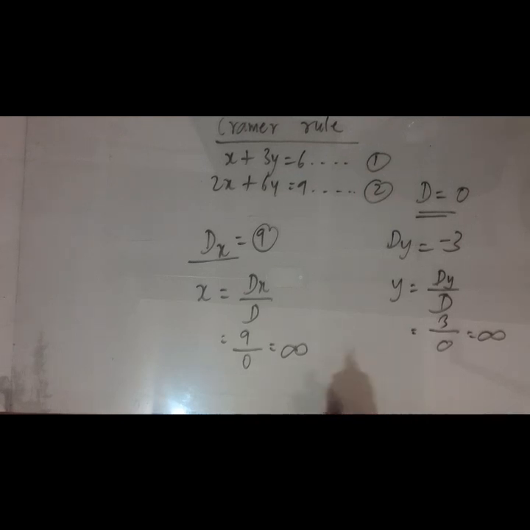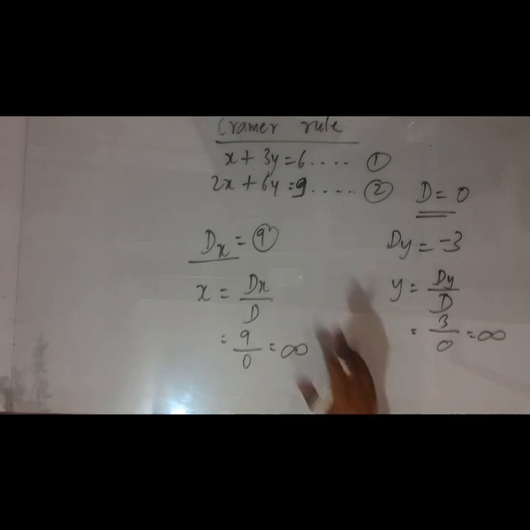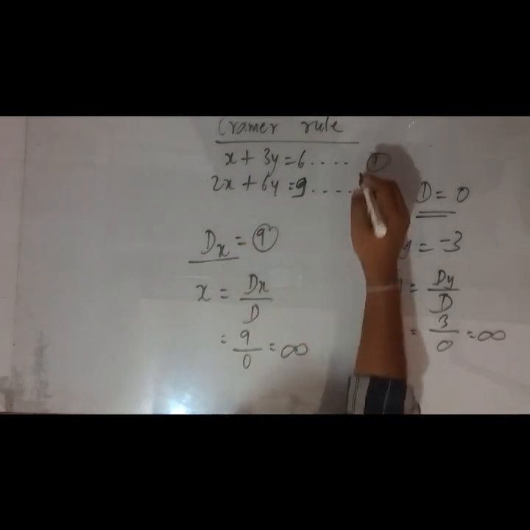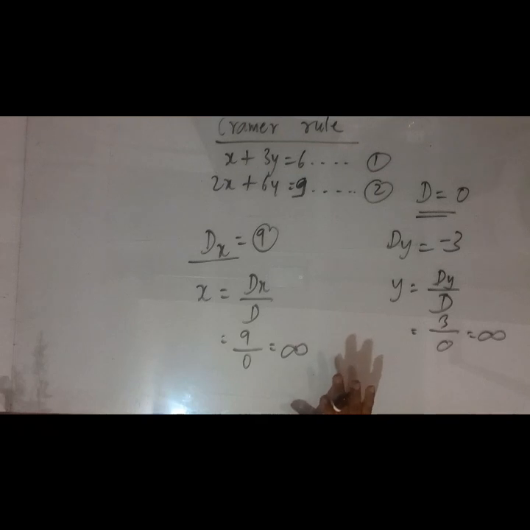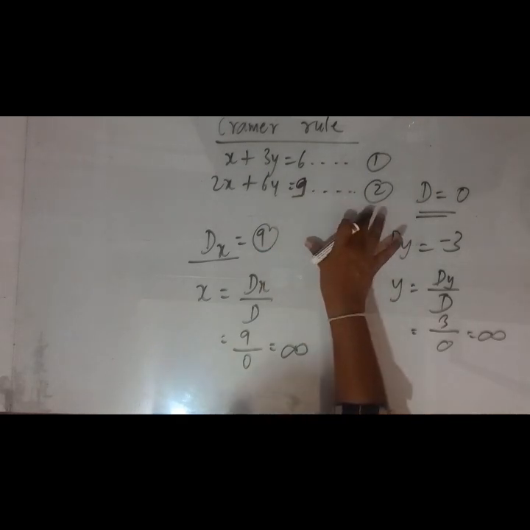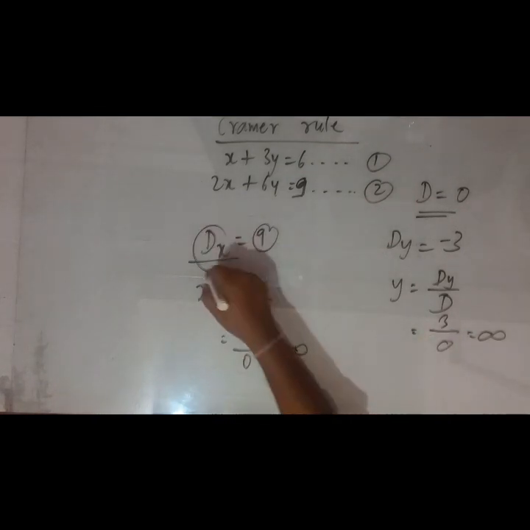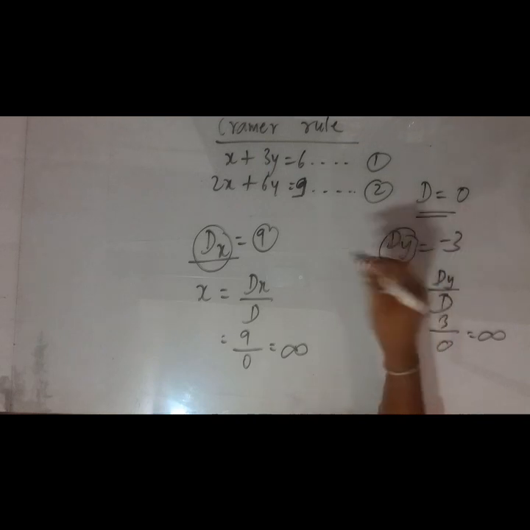So this way you can find the value of x and y using Cramer's rule. That is the determinant method. What you have to do: first of all, write out the given simultaneous equations. Then find the value of d, and after that find the values of dx and dy, as I told you.